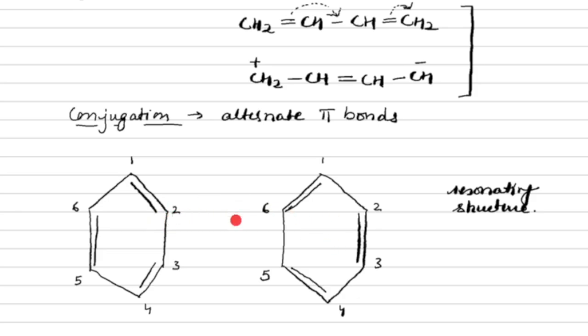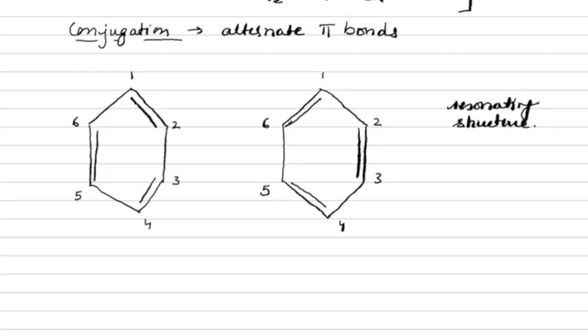Now, how to show that? What we want to show is what is happening in resonance, that these pi bonds are moving around. And if you want to see the hybrid of it, if you want to understand what it actually is, or want to represent it, you will show it like this. It is benzene, and the pi bonds are moving, they are alternating, and they can be on any side.